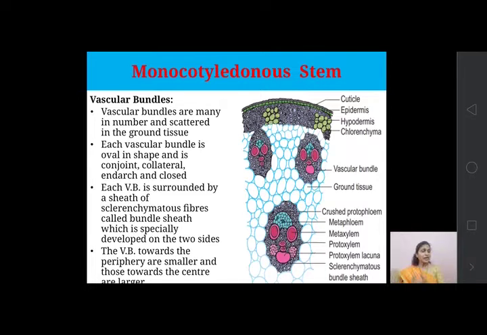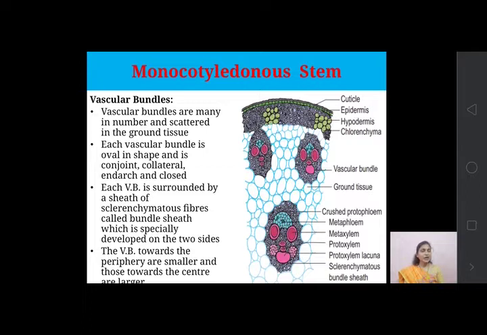And when we say that the vascular bundle is open, that means the cambium or the meristematic tissue is present in between the xylem and phloem. When this meristematic tissue or cambium is present in the vascular bundle, then that vascular bundle is open type. Open means open to divide, that is, open to expand.